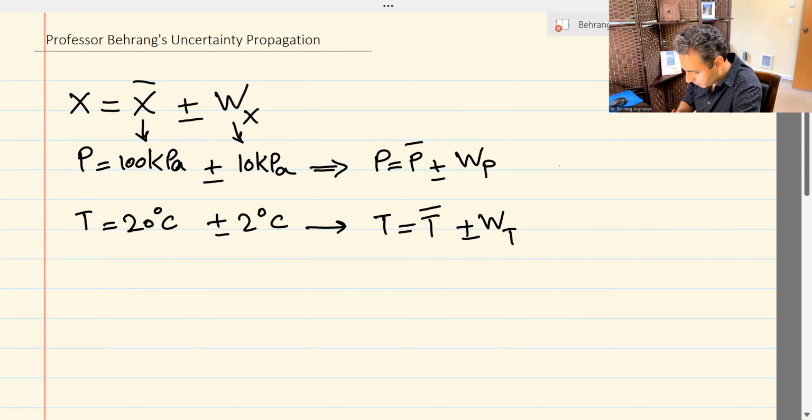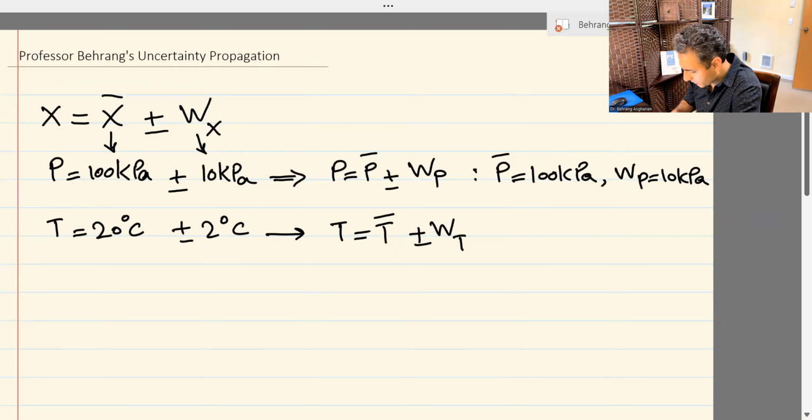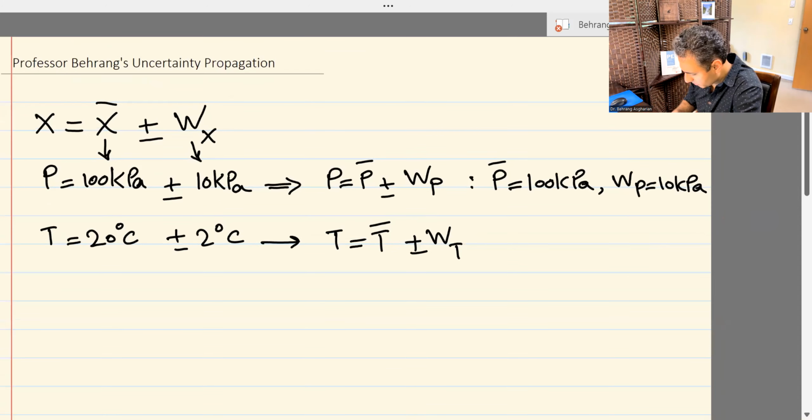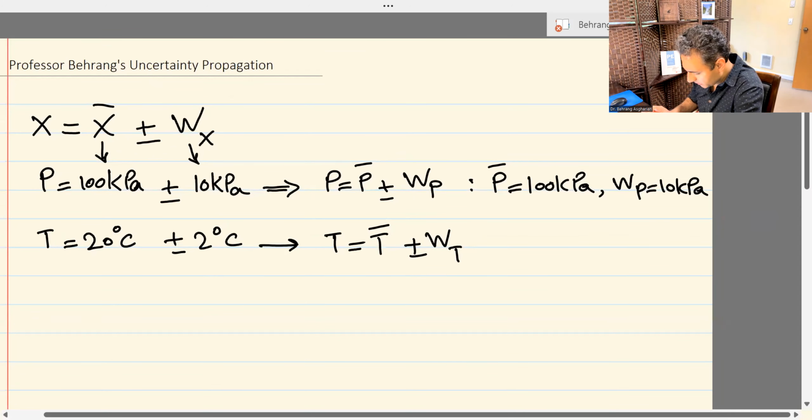What does that mean? It means that the average value of pressure is 100 kPa and the uncertainty of pressure is 10 kPa. And I'm going to make sure that my face is not blocking anything that you see here. And the average value of temperature is 20 degrees Celsius, and the uncertainty of temperature is 2 degrees Celsius, like this.